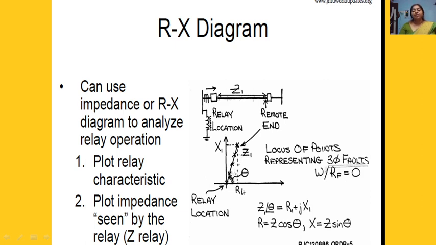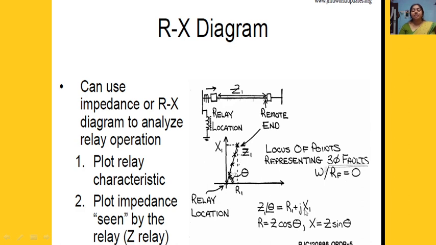On the RX plane, we plot resistance on the x-axis and reactance on the y-axis.